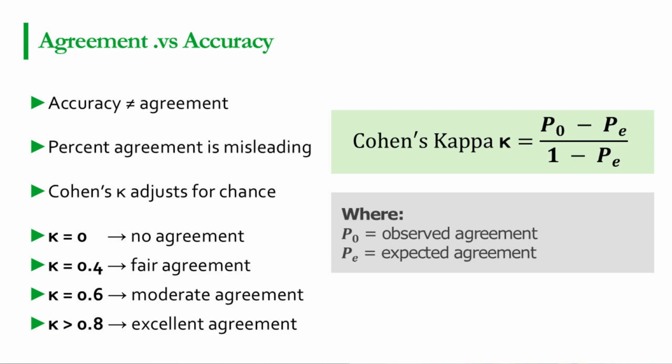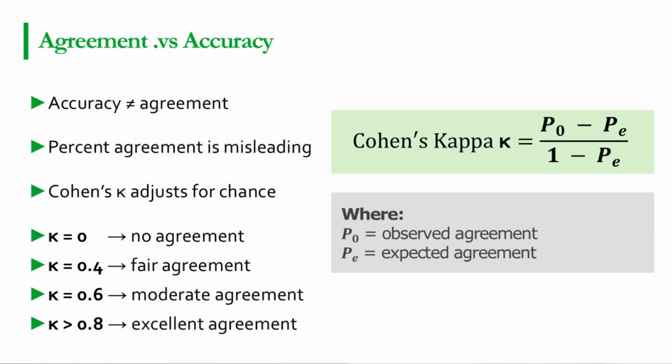For example, two tests may agree frequently simply because most animals are disease negative, not because the tests perform well. Cohen's kappa addresses this limitation by adjusting observed agreement for the agreement expected under random classification.